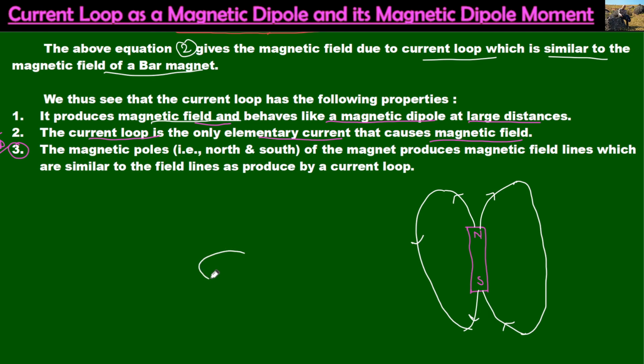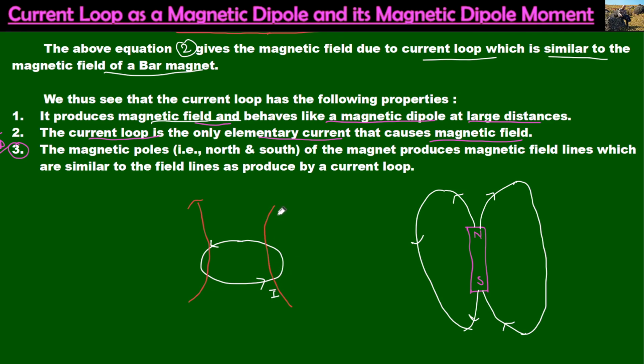If I have a coil of that form, and the current is moving in this direction, then magnetic field will be produced by the coil.